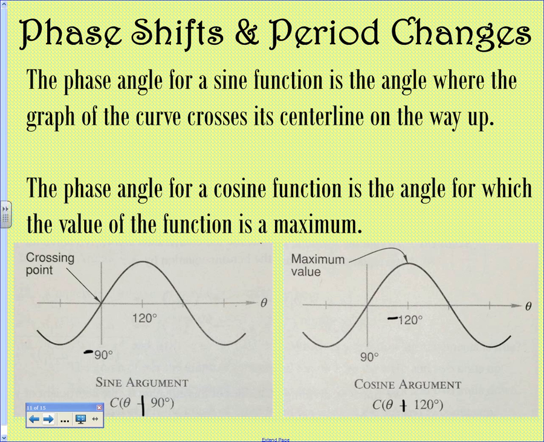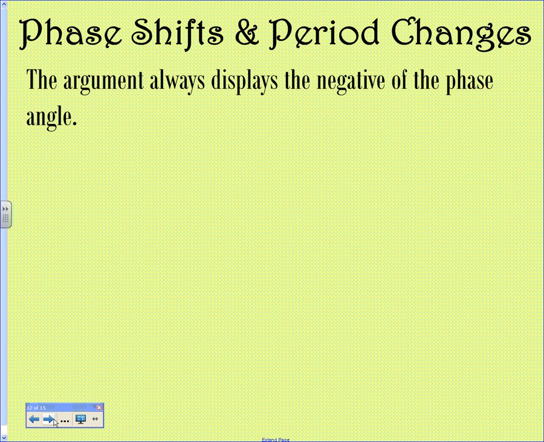Sine is always going up, cosine is always at a maximum. Your argument always displays the negative of the phase angle. I already talked about that. If it was 90 degrees for our sine example that we just looked at, you're going to say theta minus 90. And if it was 120 degrees for our cosine example, theta minus 120.